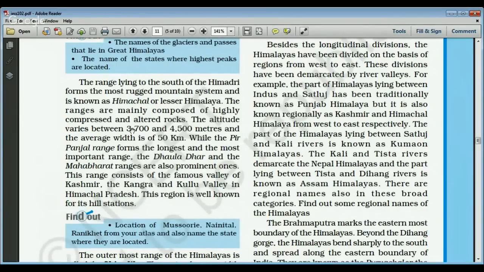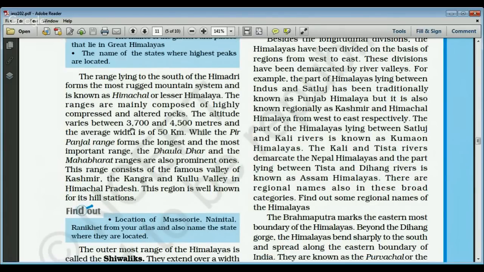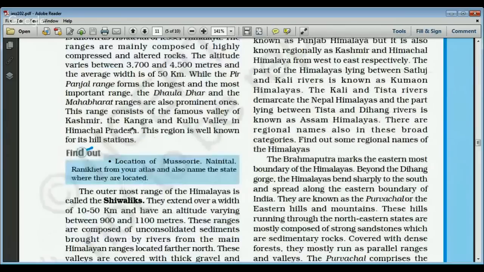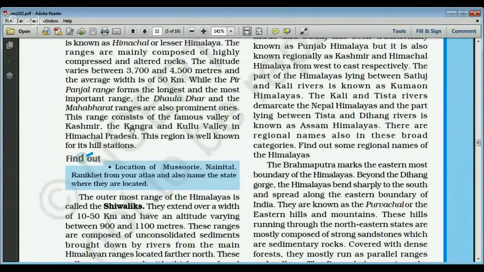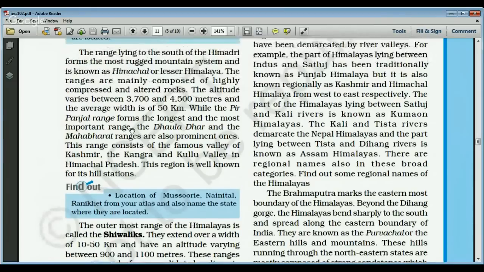The part lying between the Satluj and Kali River is known as Kumaon Himalaya, and the Kali and Tista rivers demarcate the Nepal Himalaya. The part that lies between the Tista and the Dihang or Brahmaputra River is known as Assam Himalaya. So latitudinally, the Himalaya could be Punjab, then Kumaon, then Nepal, and then Assam Himalaya.